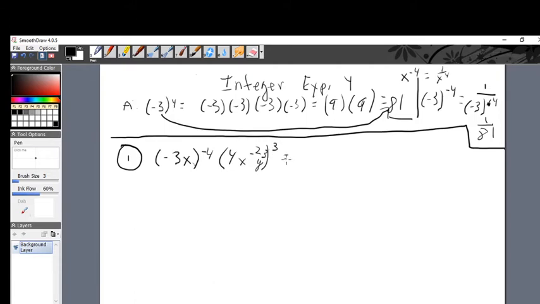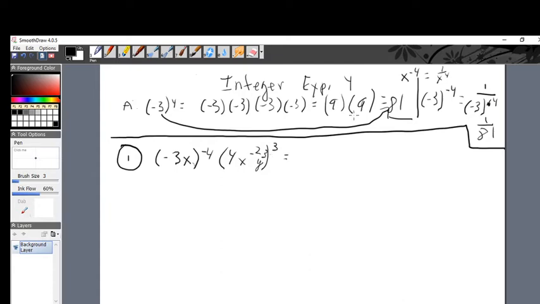Let me read that to you again. Negative 3x, negative fourth power, then in parentheses, 4, x to the negative 2, y to the 3, and the third power. All right, so we've got our hands full over here.